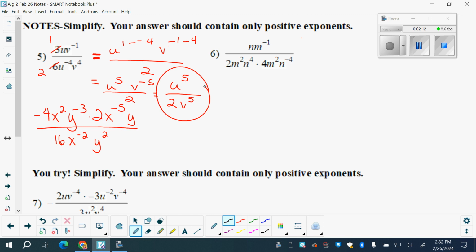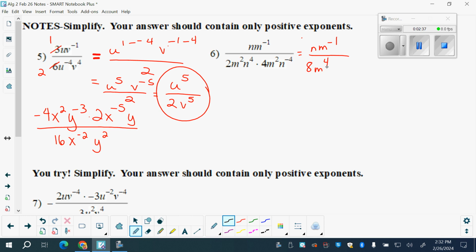Okay, so on number 6, we want to simplify. So on the top, there's no simplifying that can be done, but there is on the bottom, isn't there? So on the bottom, 2 times 4 would give us 8. And then what do we do with our exponents when we're multiplying? Add them. So then this is going to be m to the 2 plus 2, which is 4.